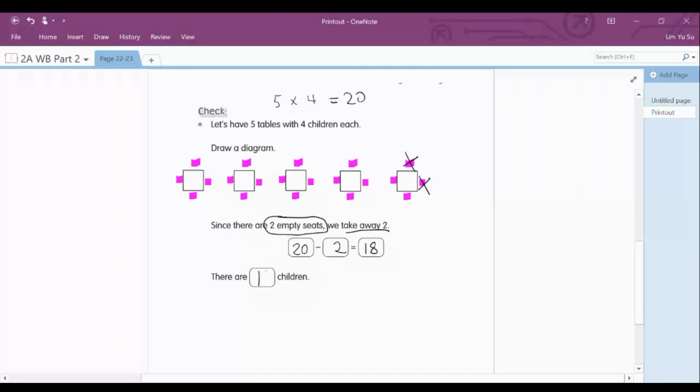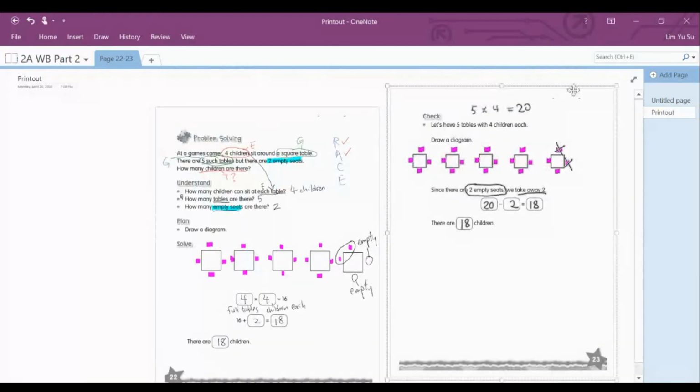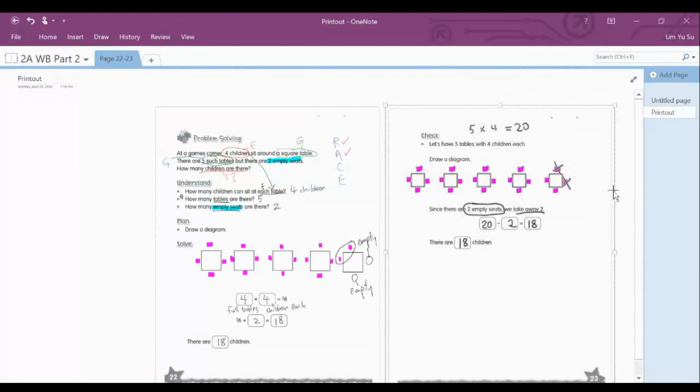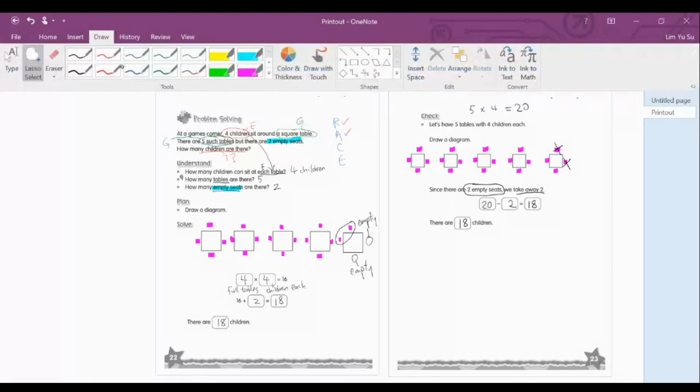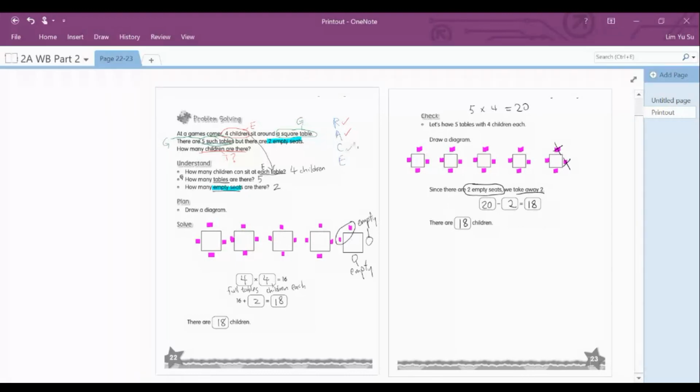So this is the way to check the answer. You use a different method to solve this question. You can see the answer side by side, 2 different ways to solve this problem. Now you can see that drawing a diagram both ways can get you the correct answer. So this is page 22 and 23 of the workbook 2A part 2.